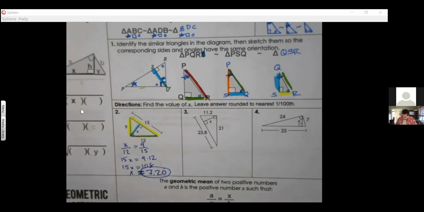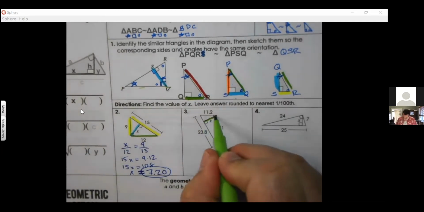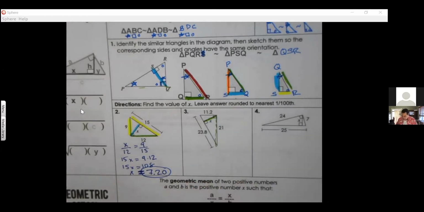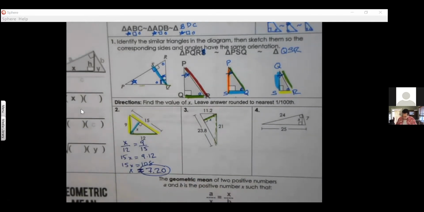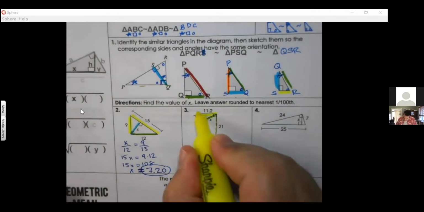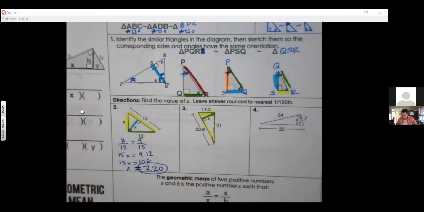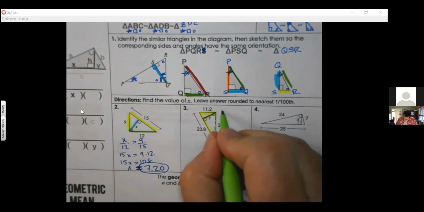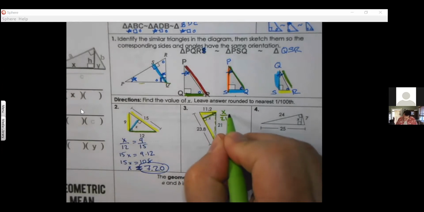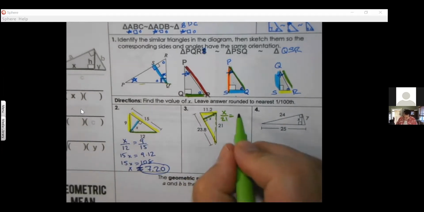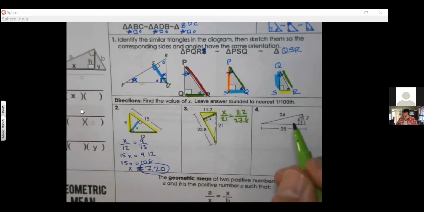Now I need to do it again. So I'm going to say the little side is to the hypotenuse. So I'm going to say X is to 21 as 11.2 is to 23.8.